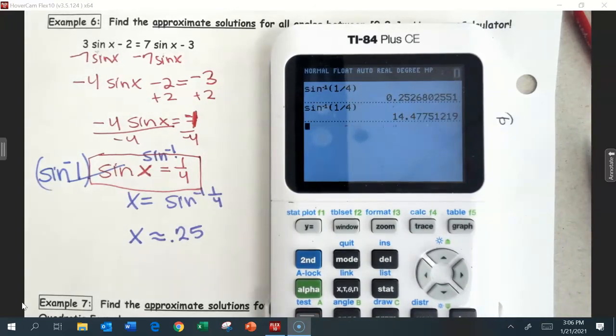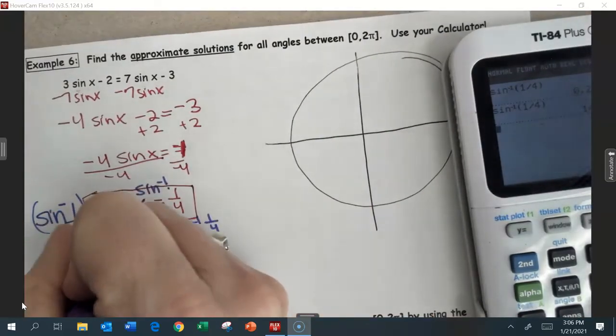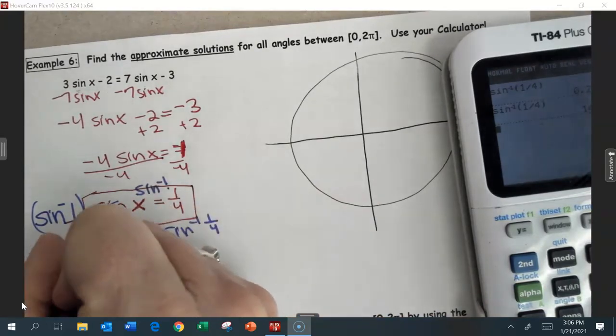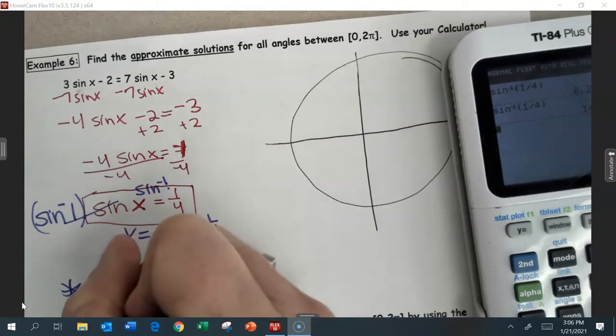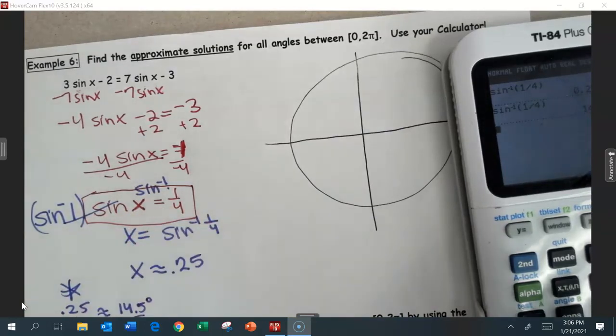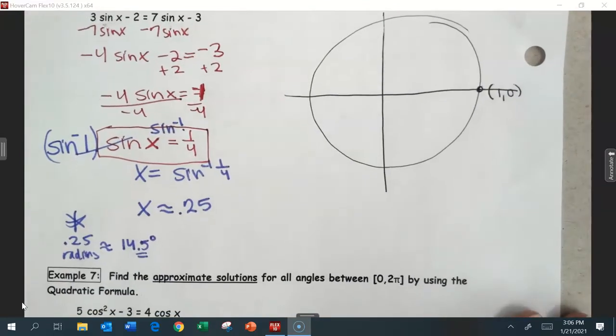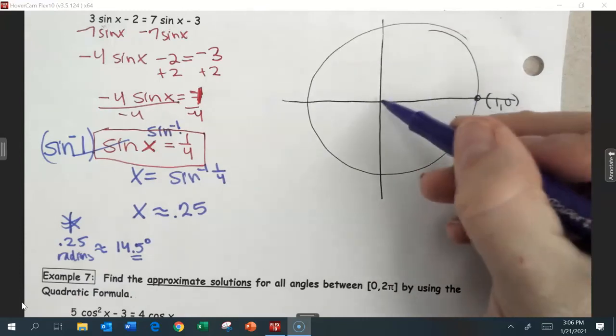Oh, okay. So this is about 14.5 degrees. So I'm just going to put like a sidebar here that 0.25 radians is about 14.5 degrees.